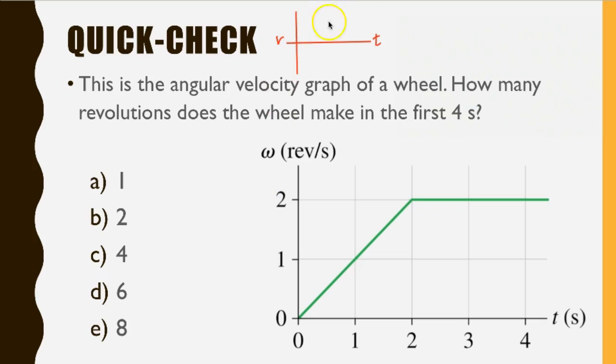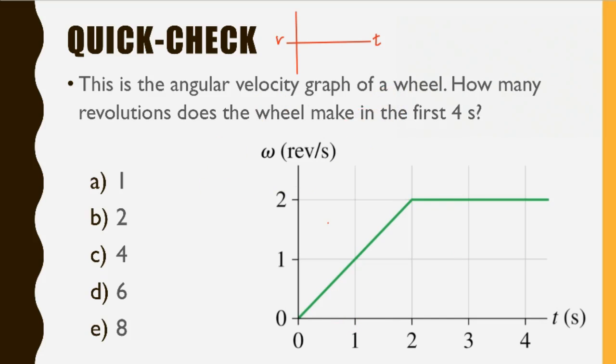The slope of that told us the acceleration. The slope of this will tell us the angular acceleration. The area underneath that curve told us the displacement. The area underneath this curve is going to tell us the angular displacement.